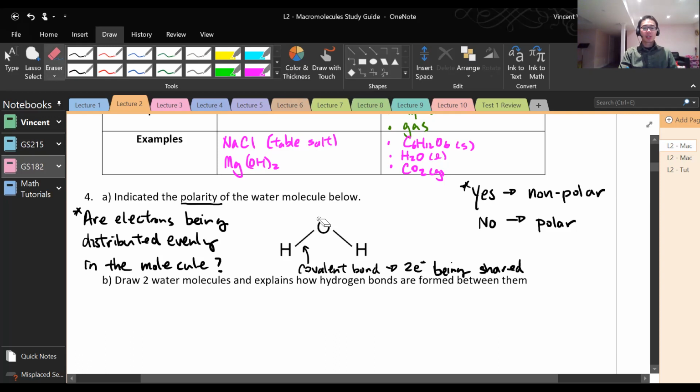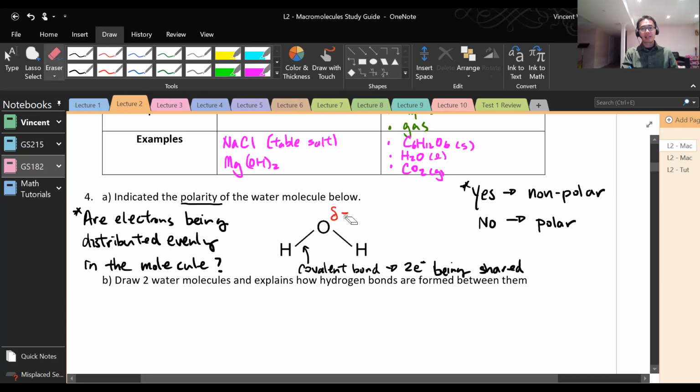Okay, so it turns out oxygen has a higher attraction for electrons, so it's going to be pulling the electron towards itself. So even though they're sharing, the electron actually gets pulled towards the oxygen a little bit more. So for that reason, the oxygen will be slightly negative, and we use this squiggly symbol, the delta symbol, to represent slightly.